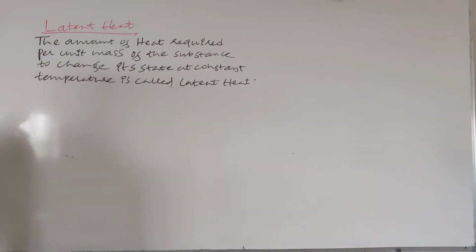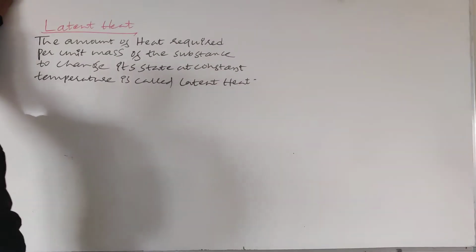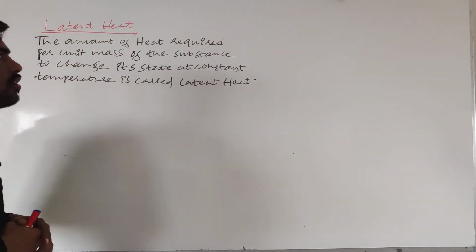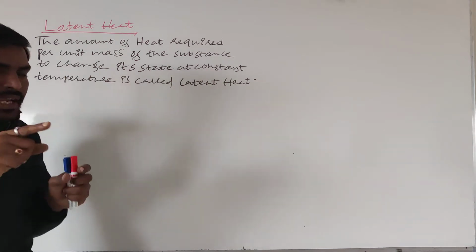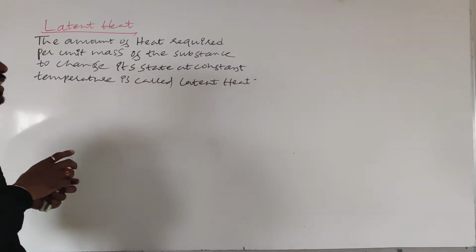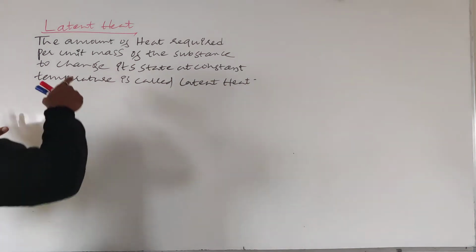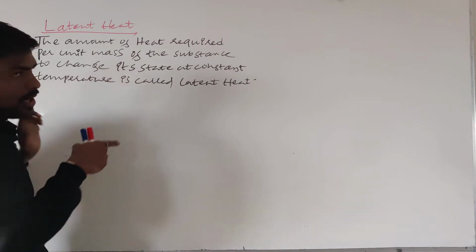In today's class we are going to discuss latent heat. See here, the amount of heat required. Suppose a substance is having the amount of heat required per unit mass.